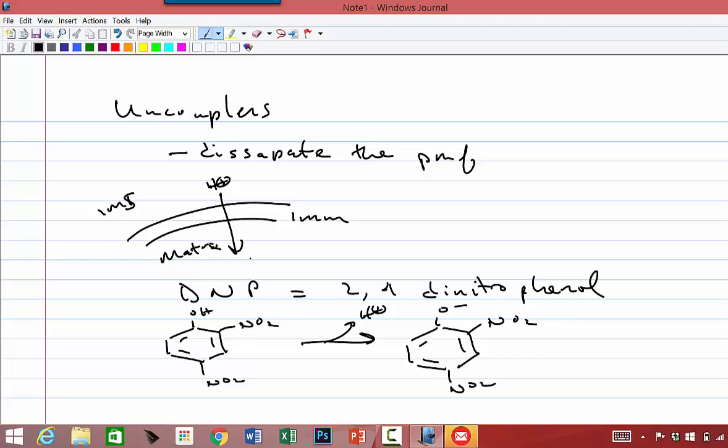Okay, so I've talked about the uncouplers. Oh, there's one more, and that's called ATP, ADP exchange inhibitors.